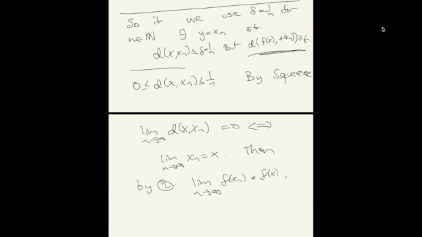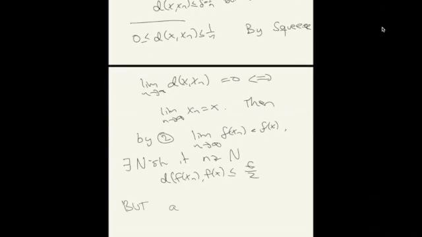But this starts already to contradict the fact that we have that these should be faraway points. But let's write it out more clearly. So there exists a capital N such that if n is bigger than or equal to capital N, distance of f of xn to f of x is, say, less than or equal to epsilon over 2.